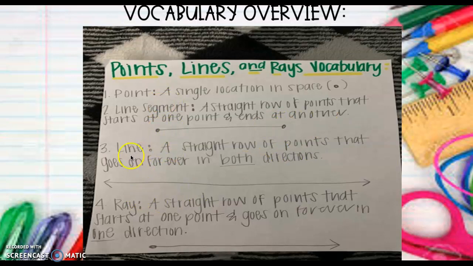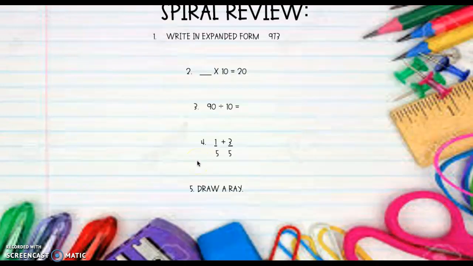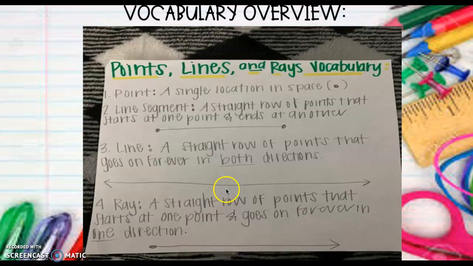A line doesn't have a point. Remember, a line goes on forever in both directions. You can kind of think of a line like almost like the freeway. Even if the freeways do have points where they stop, in most places they go on forever and ever and ever. Okay, and then a ray, which will give you number 5 right here, draw a ray.